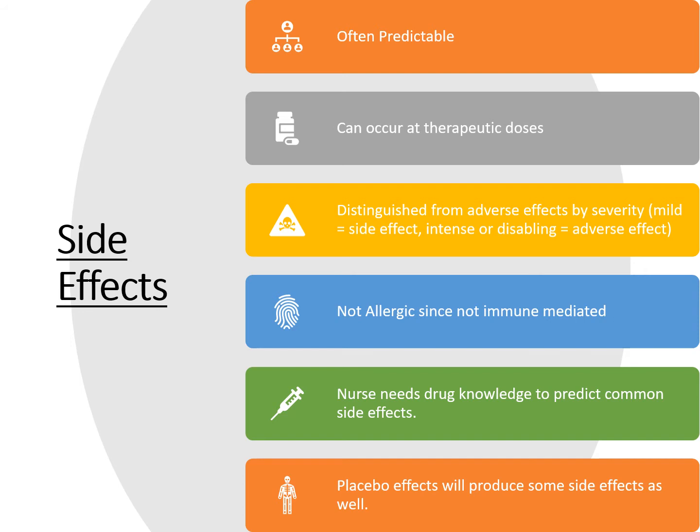Knowing the side effects of that particular drug. So that blood pressure pill could make them dizzy. It could make them faint when they stand up too fast. It could make their heart go too slow. So those are predictable side effects of some antihypertensives.